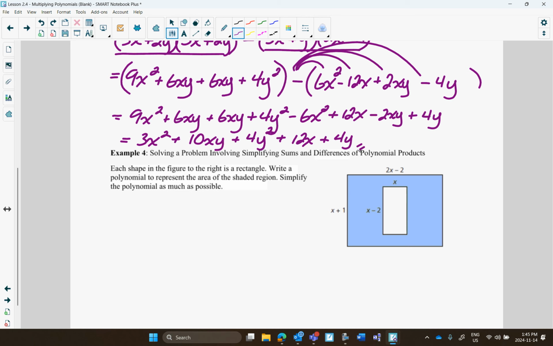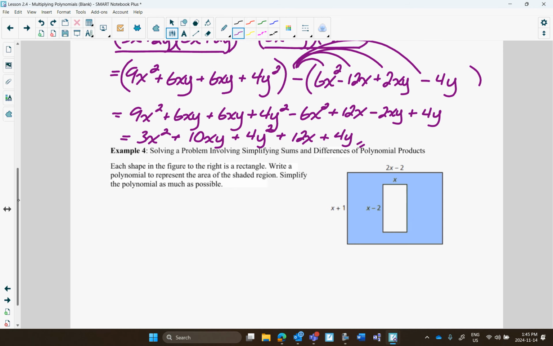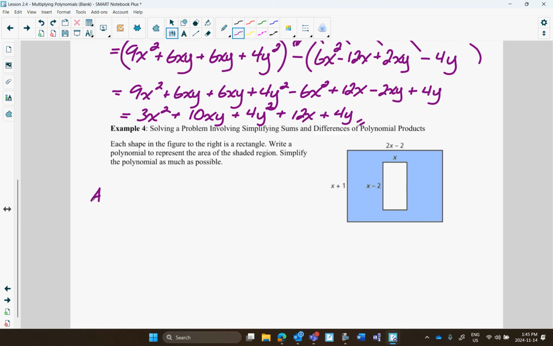So how do we find the area of rectangles? Length times width. So therefore, the area is going to be the length times width of the big one. Now remember, those have to stay together. If we've got more than one term, we have to assume parentheses. So it's going to be 2x minus 2 times x plus 1.